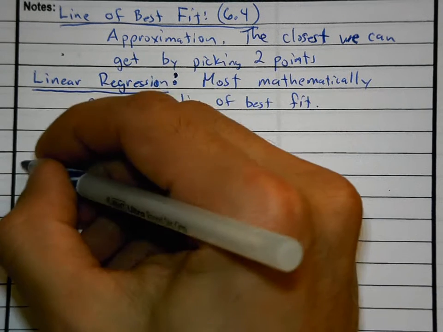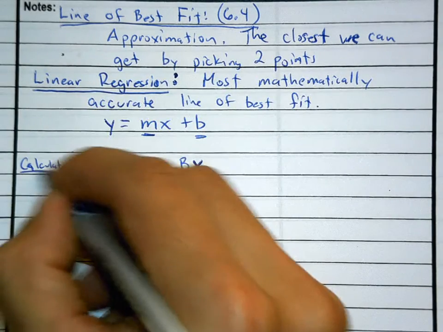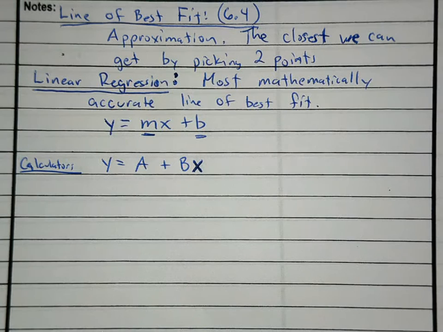And I'm going to put calculators right here. Because I'm going to show you how to do this on the calculators we have in this classroom. If you have a different model of calculator, I may not be able to help you because I only know the Casio model that I have in here, and that's the reason why I recommend it on your syllabus to use this calculator, because I'm only going to show you with the calculator that I have.